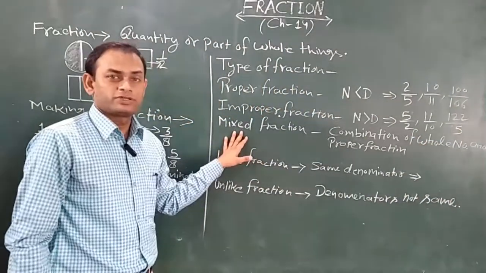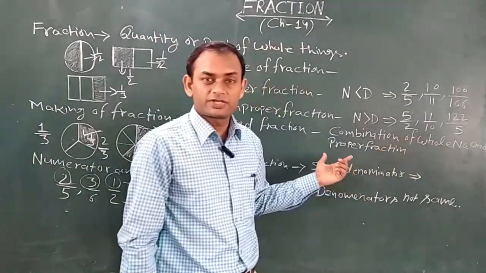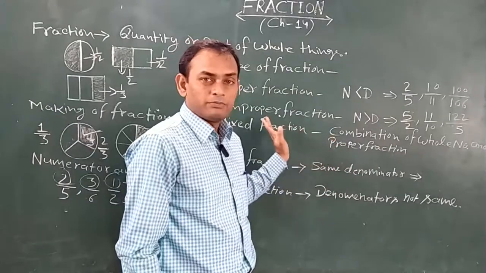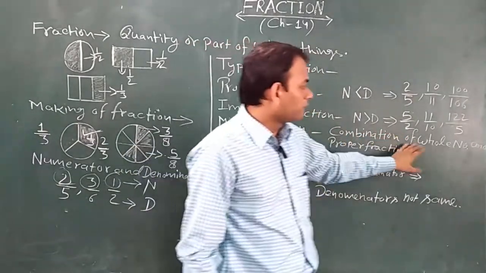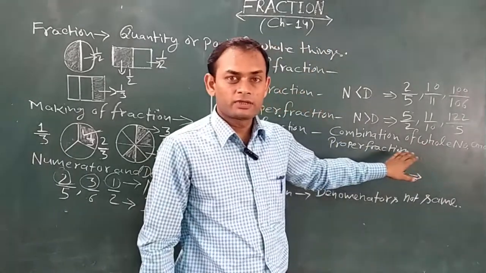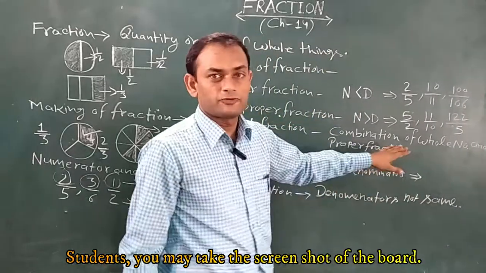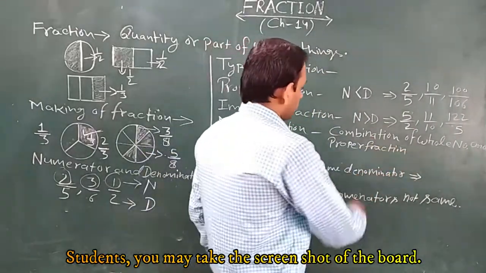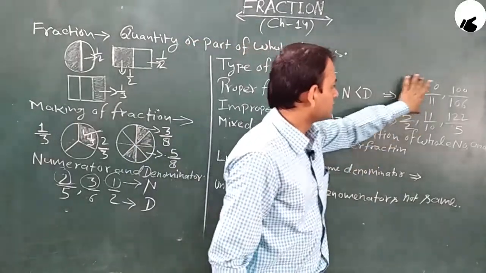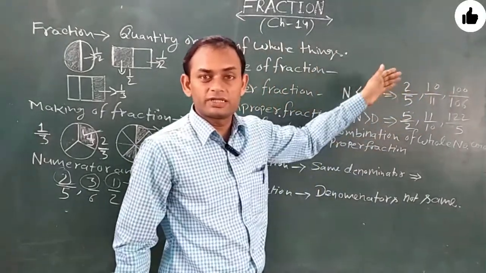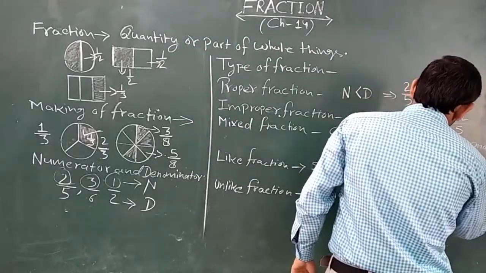Now the mixed fraction. What is the mixed fraction? The combination of a whole number and a proper fraction is called a mixed fraction. What are the whole numbers? All the counting numbers with 0 are called whole numbers, like 0, 1, 2, 3, 4, 5 till infinity. With the proper fraction, in which the numerator is smaller than the denominator.